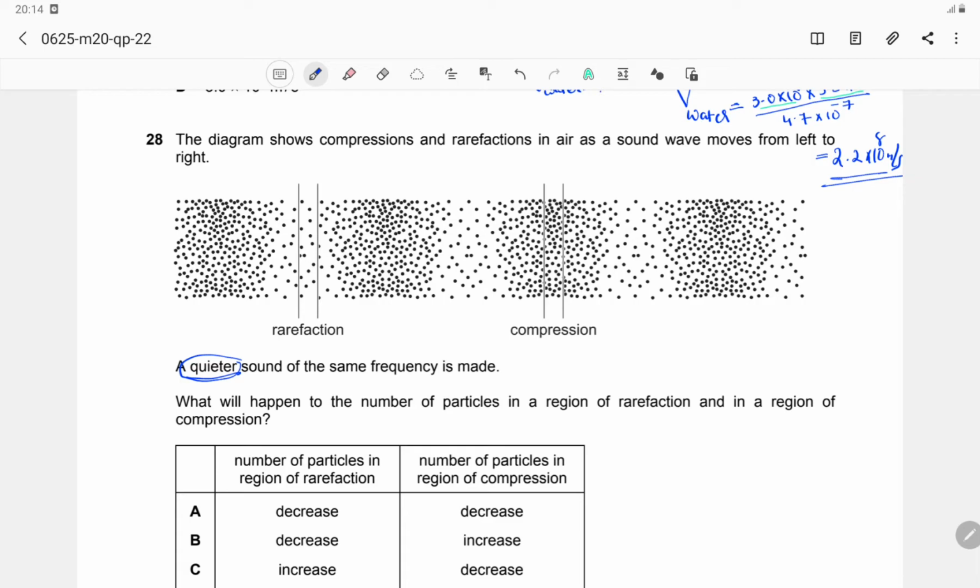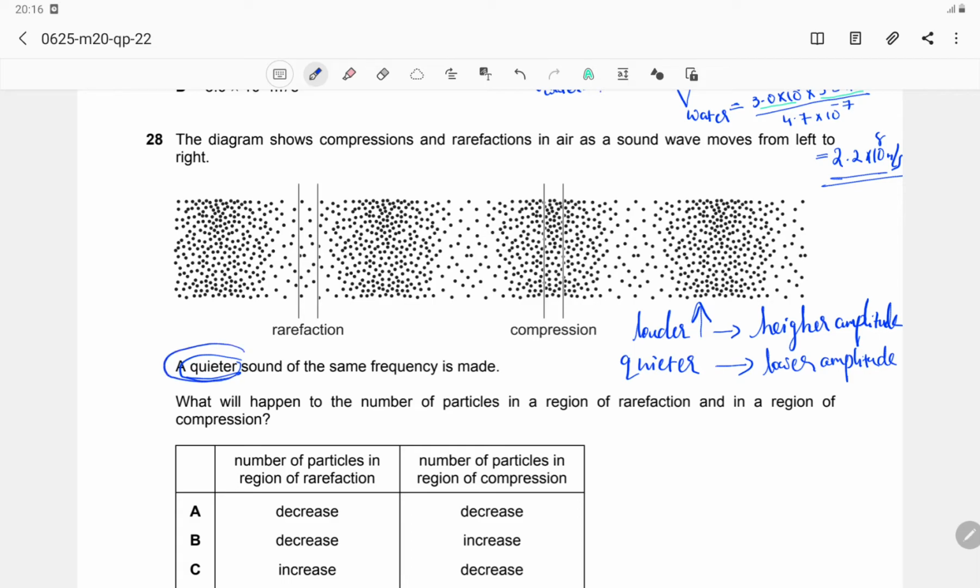And we know that loudness represents amplitude. A louder sound wave means its amplitude will be higher, and a quieter sound wave means the amplitude will be lower. So in this case, the amplitude will be lesser compared to the earlier sound wave.